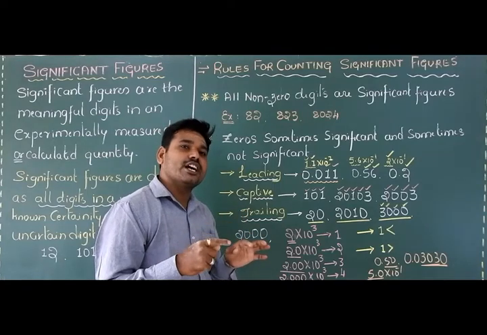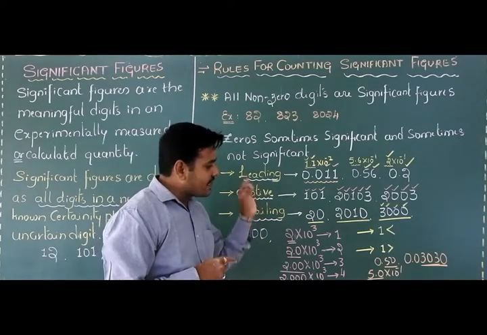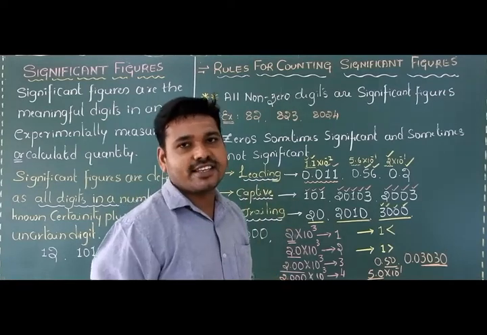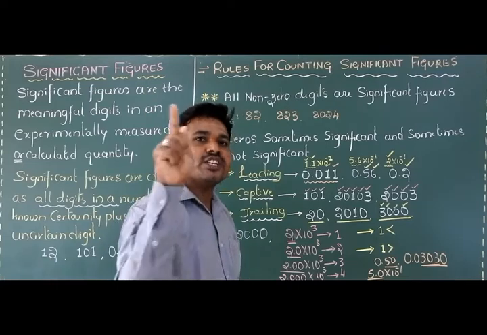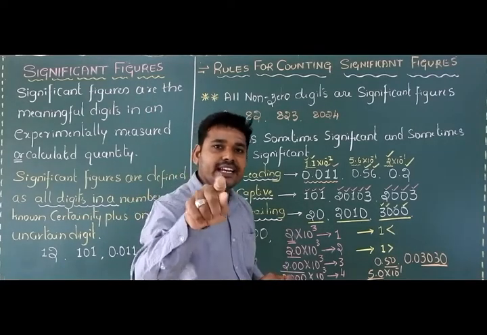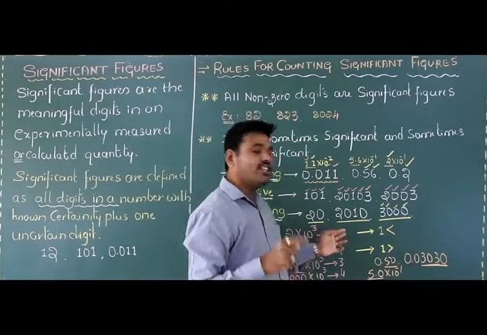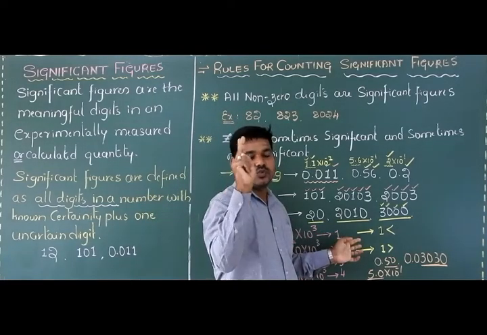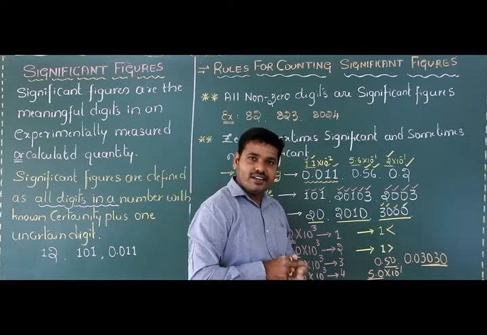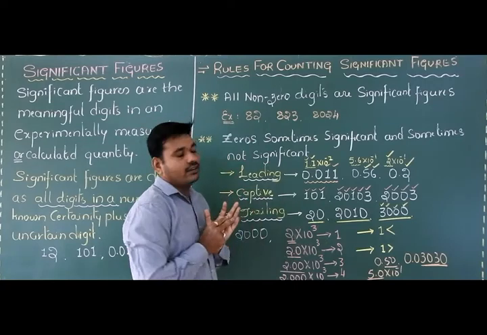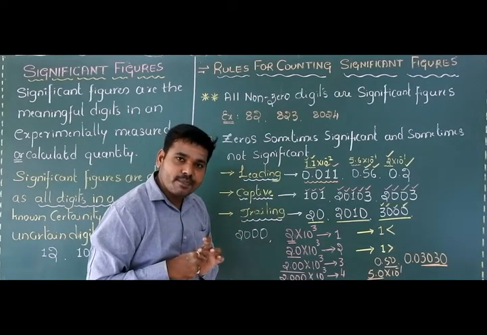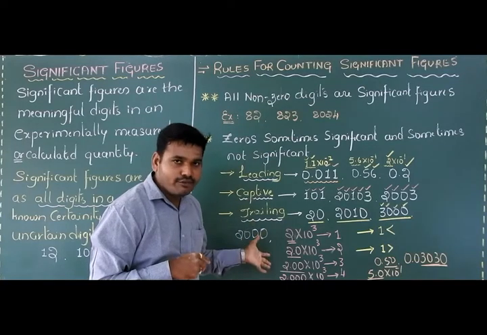And the second condition, if the given number is less than 1, in such cases only the zeros which are present at the right end of the number and the zeros which are present between the 2 non-zero digits are counted as significant figures, students. Is it clear? Is there any doubt in significant figures and the rules for counting significant figures, students? This part is clear for you?